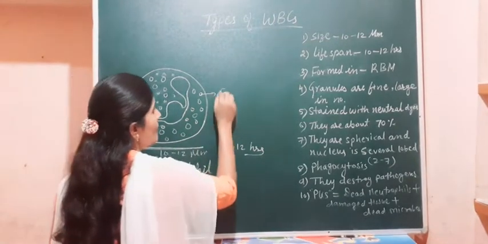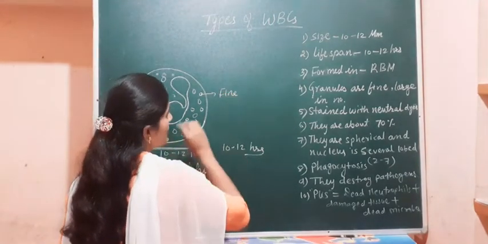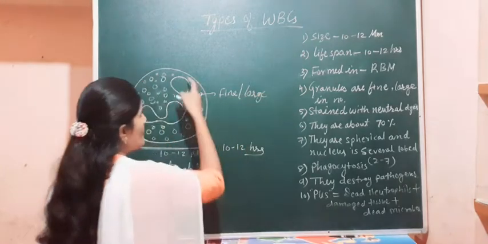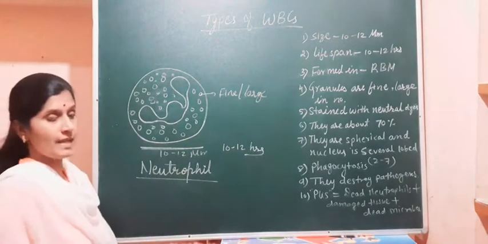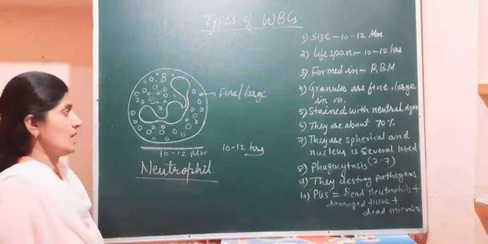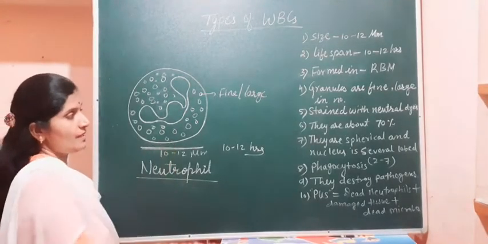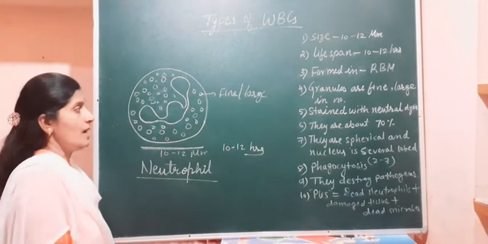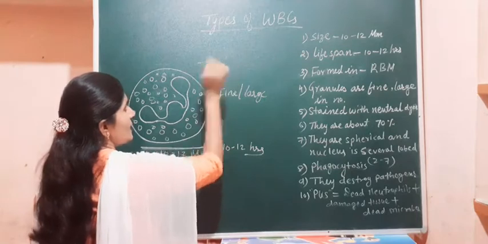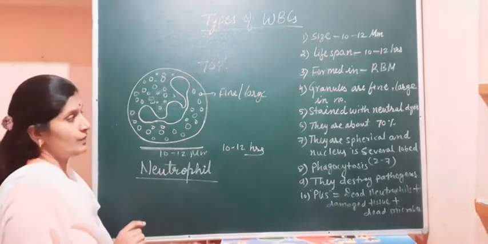So they are fine, very small in size but large in quantity. This is regarding the granules, and these get stained with neutral dyes. The percentage of these cells is 70%.